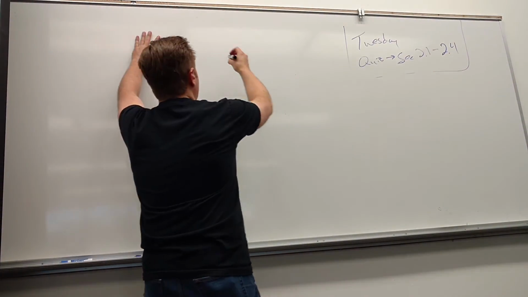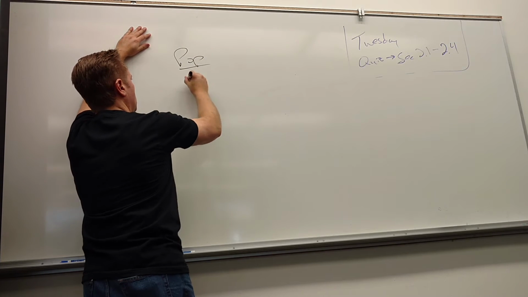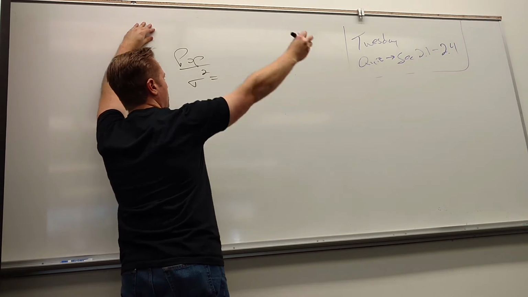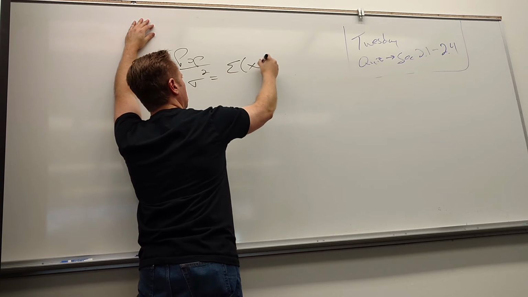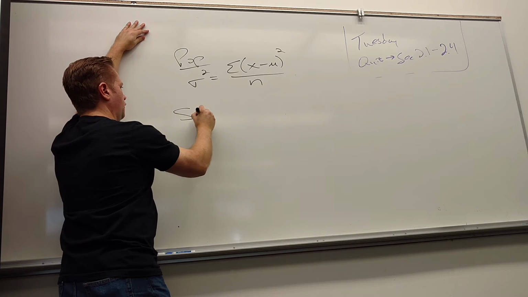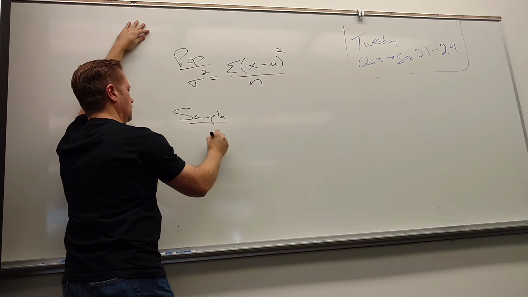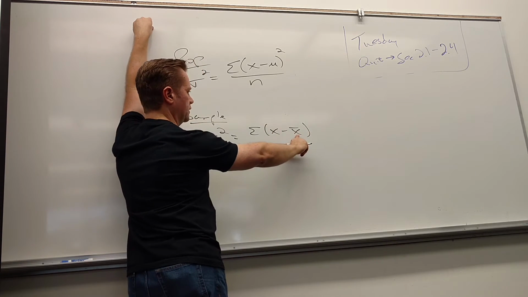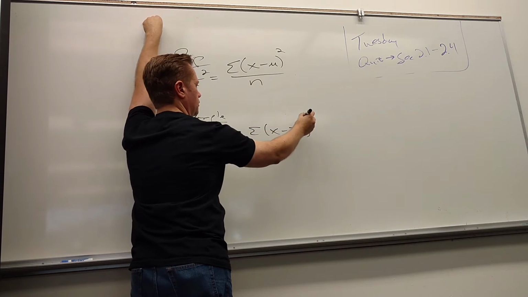Okay. So here's the population. It would look like this. Let me just say the population variance so I don't have to draw a big old square root. And here's the adjustment for a sample. Of course, I put the sample mean symbol there, right?